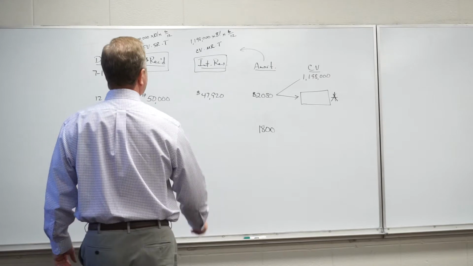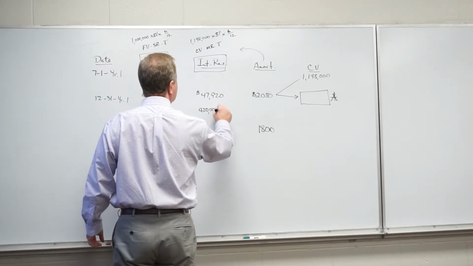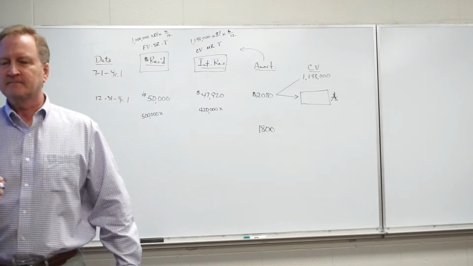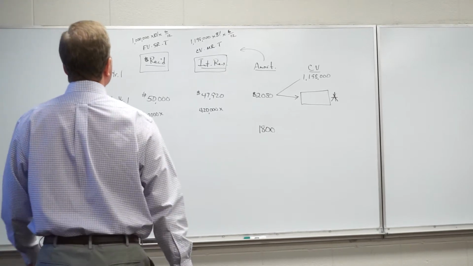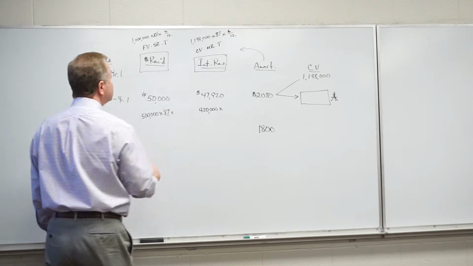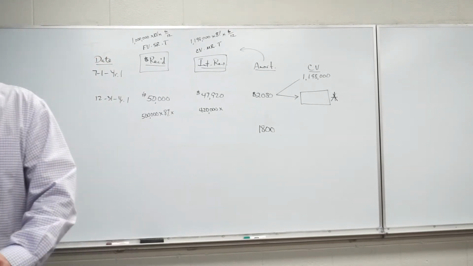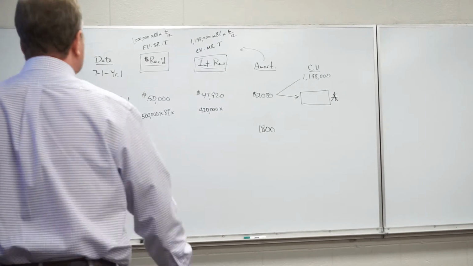But they also told me I paid $420,000. So that's the carrying value. The stated rate of interest on these bonds is 8%. And they pay interest twice a year.